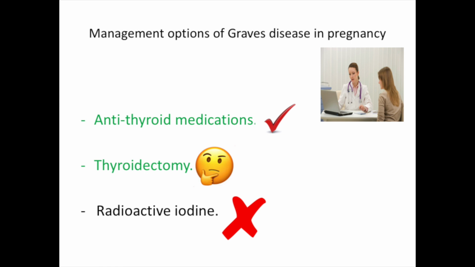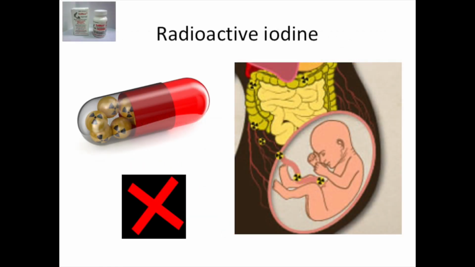The 3 options are the antithyroid medications, which is a good option to suggest for the patient, thyroidectomy, let's talk about this, and radioactive iodine. Please don't suggest that for the pregnant lady. Radioactive iodine is not an option to treat hyperthyroidism or Graves' disease during pregnancy because it is very harmful and cytotoxic to the fetus.